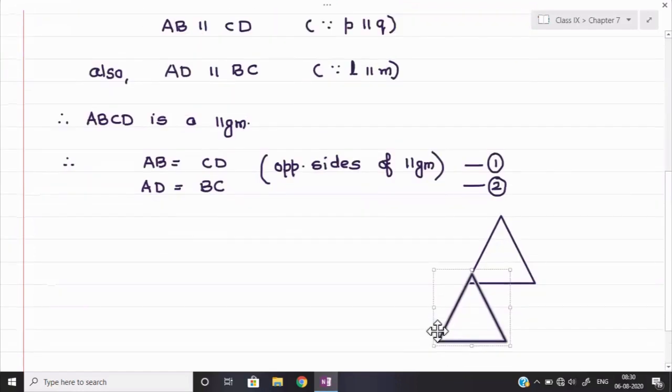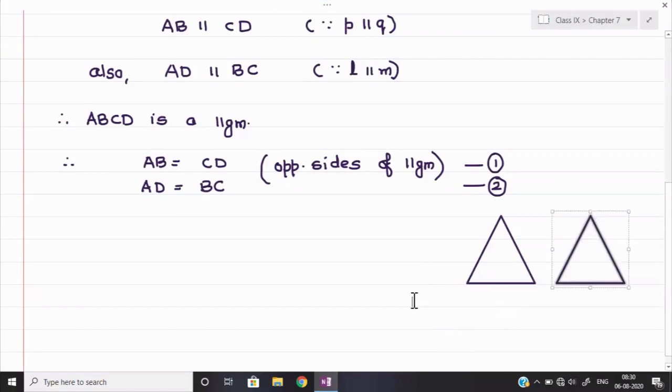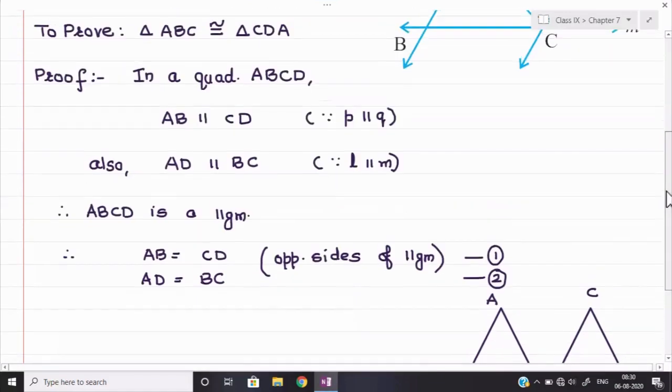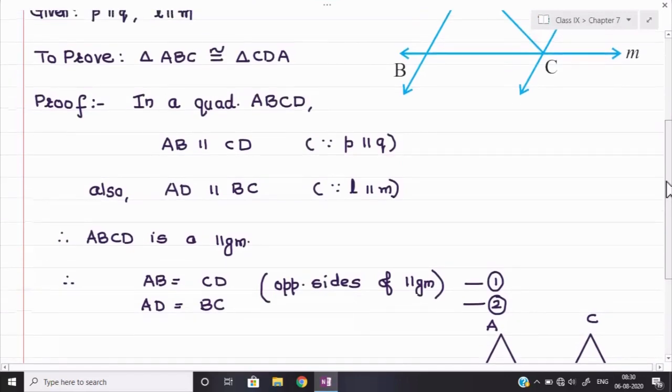I give the name of the first triangle ABC and the second triangle CDA, because only these two triangles need to be proved congruent.